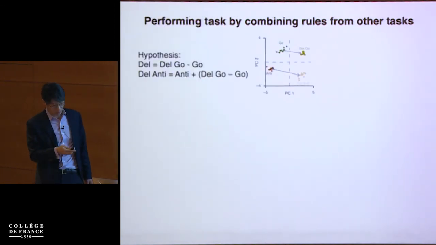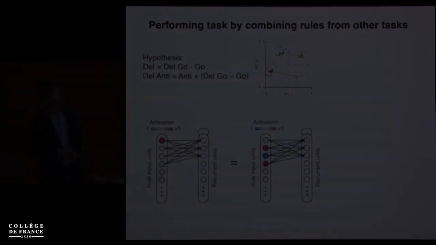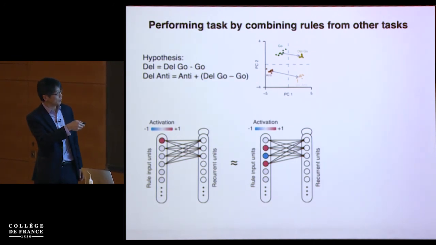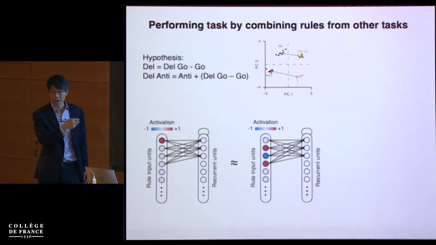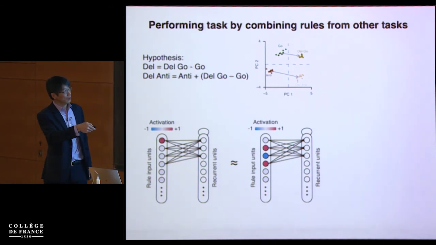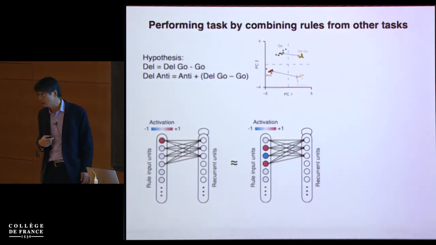Okay. So we've tested this finally using a combination of rule inputs. So instead of showing a simulation activating the rule that tells you delay untie, let's show a combination of 3 rule units, right? So one would be untie, the other one would be delay go, and the third one would be negative go, right? So untie plus delay go minus go would be delay untie, right?